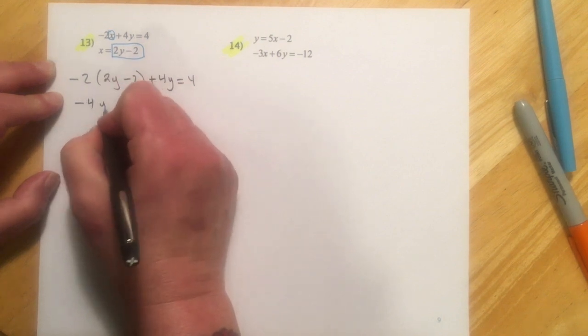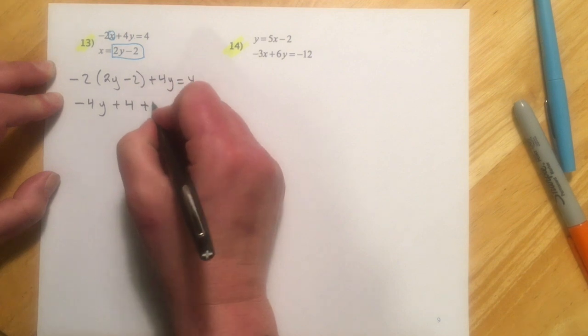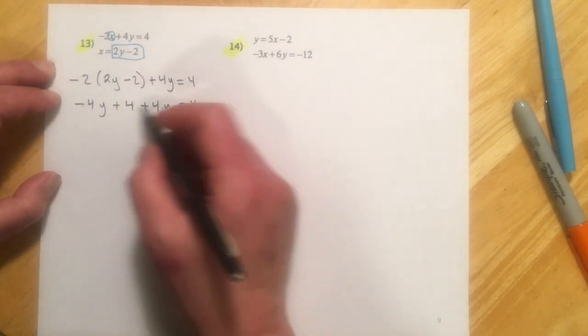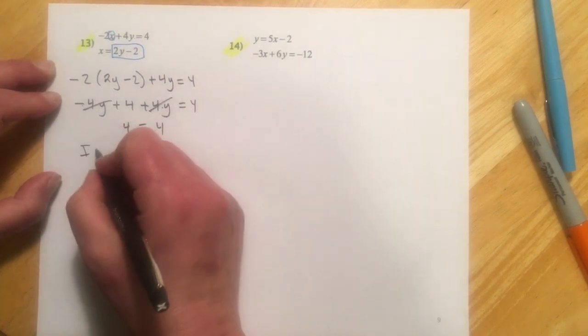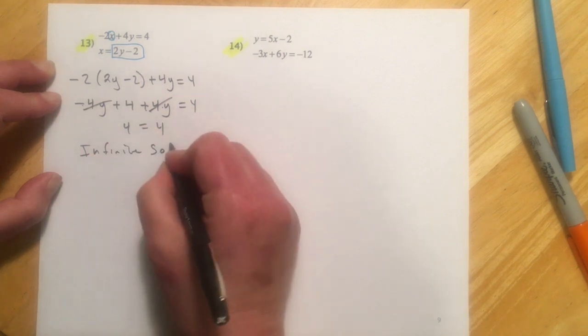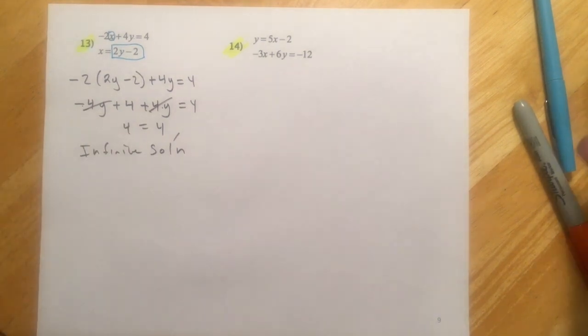So negative 4y, and minus and minus will make a plus 4. Plus 4y equals 4. And you see right there, negative 4y plus 4y. So this is what I was just talking about. So that's going to be infinite solutions because it came up true rather than false.